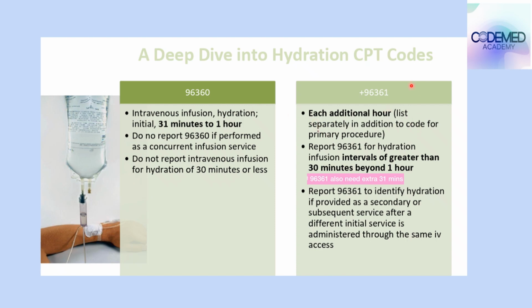Then let us come to the add-on code. This is for each additional hour. And this code we will write in addition to the code for the primary procedure. Now this 96361 for the hydration is for the interval of greater than 30 minutes beyond 1 hour.